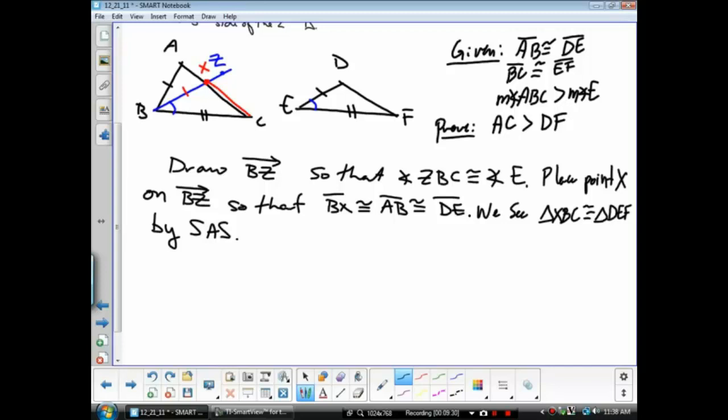Which means that segment XC will be congruent to segment DF. So in each case, those two segments will have the same length by corresponding parts congruent, triangles congruent.